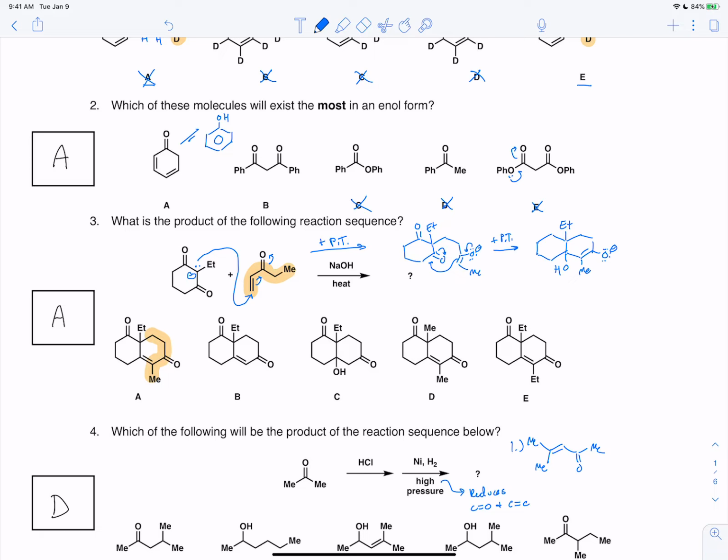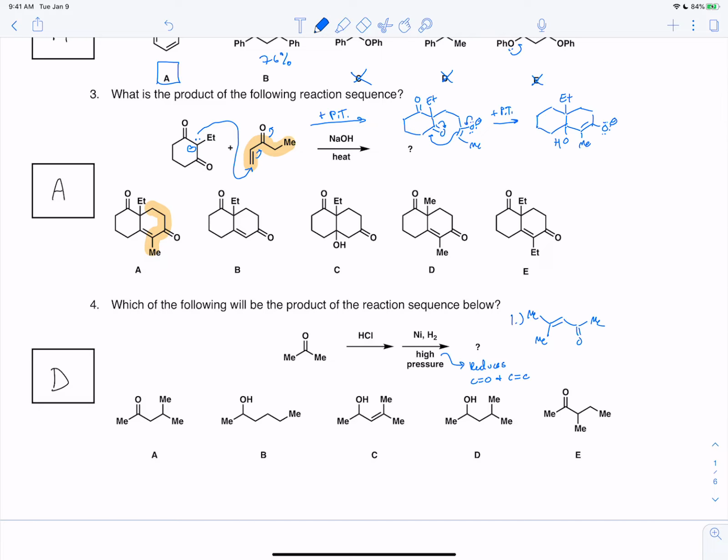So this is actually on our list of molecules that exist most in their enol form. Phenol was the number 1 choice, and it essentially exclusively exists in its enol, whereas something like B probably is at most around 76%, I believe is what we quoted in class.